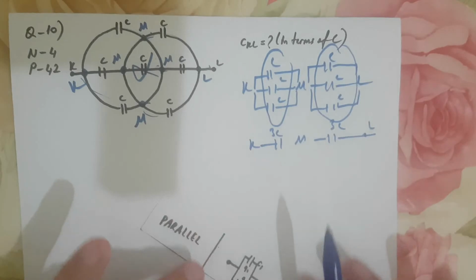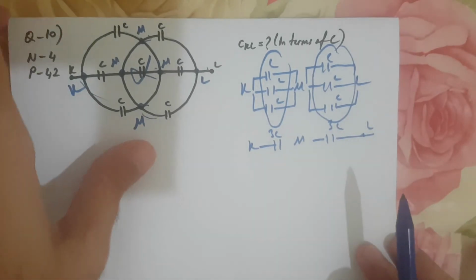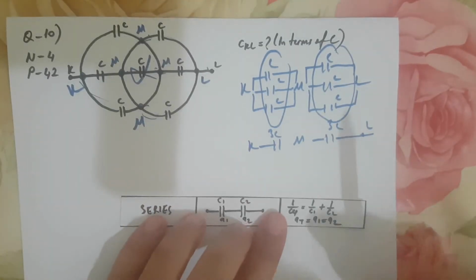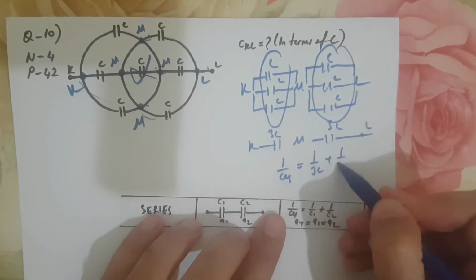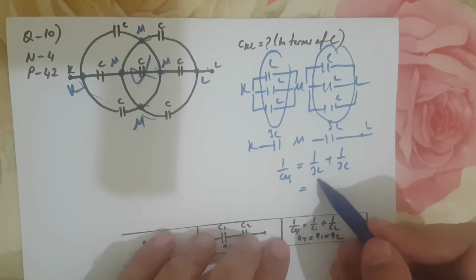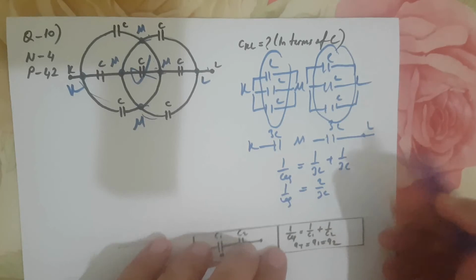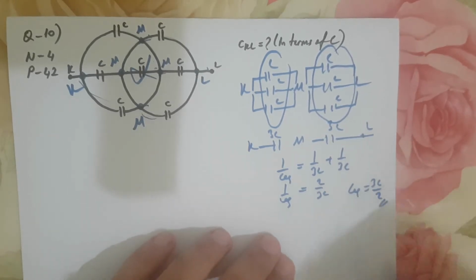So now what happens is the series combination. Now 1 over C equivalent is equal to 1 over 3C plus 1 over 3C. So it equals 2 over 3C, 1 over C equivalent. So the C equivalent is equal to 3C over 2.